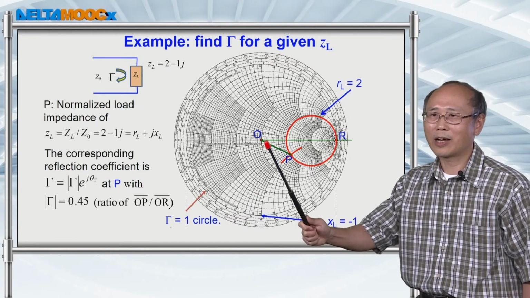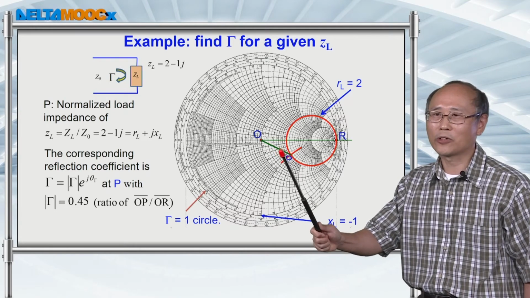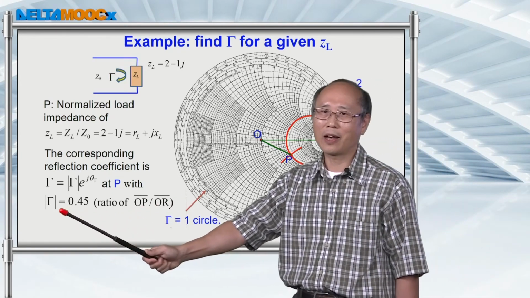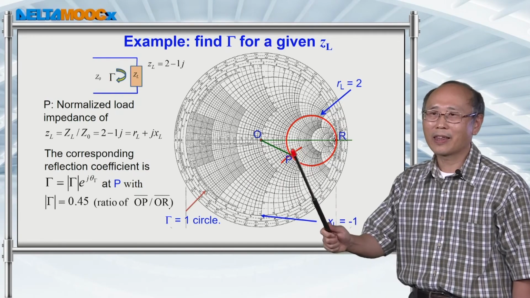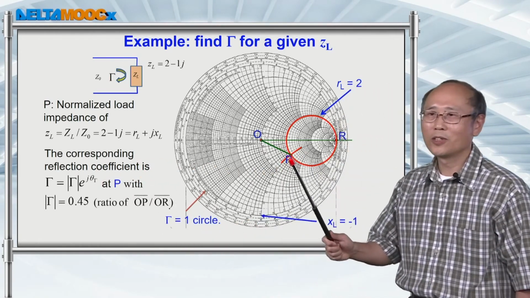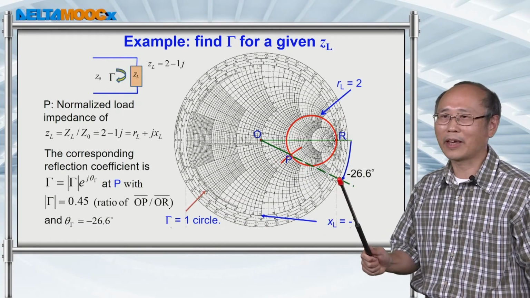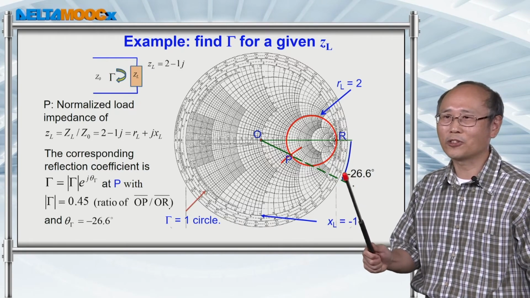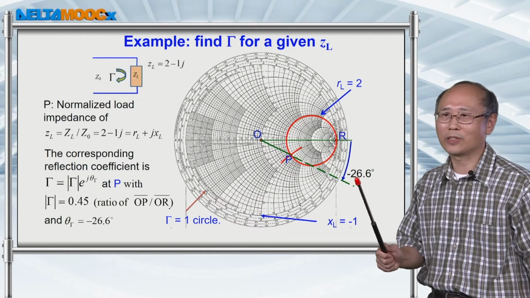So if you cannot know the length of this, just take a ratio of OP to OR, then you can determine this ratio to be 0.45. And you still have to know the reflection angle. So you extend this line to the edge of the circle, and then you can read from the edge that this angle is equal to minus 26.6 degrees.